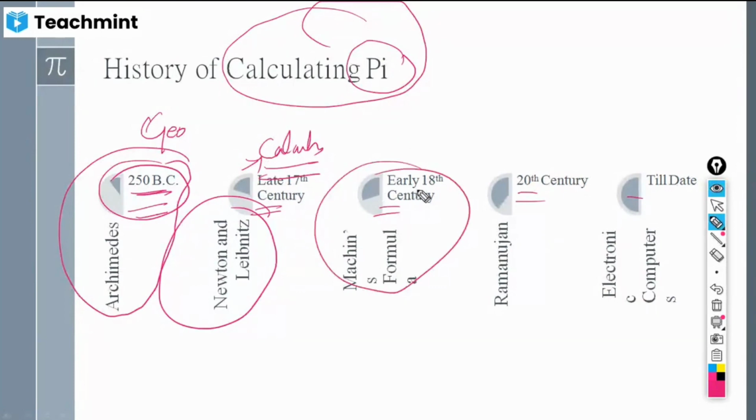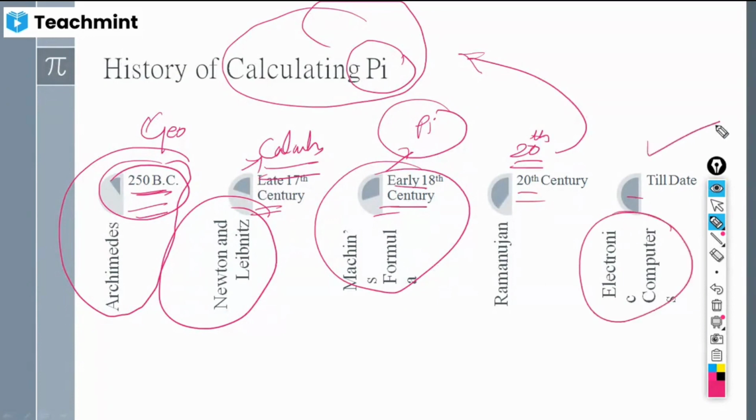Later, in the 18th century, they used a machine formula to find the value of pi, and in the 20th century the Ramanujan infinite series was used, along with supercomputers. Supercomputers and electronic computers are being used to find the value of pi at present.